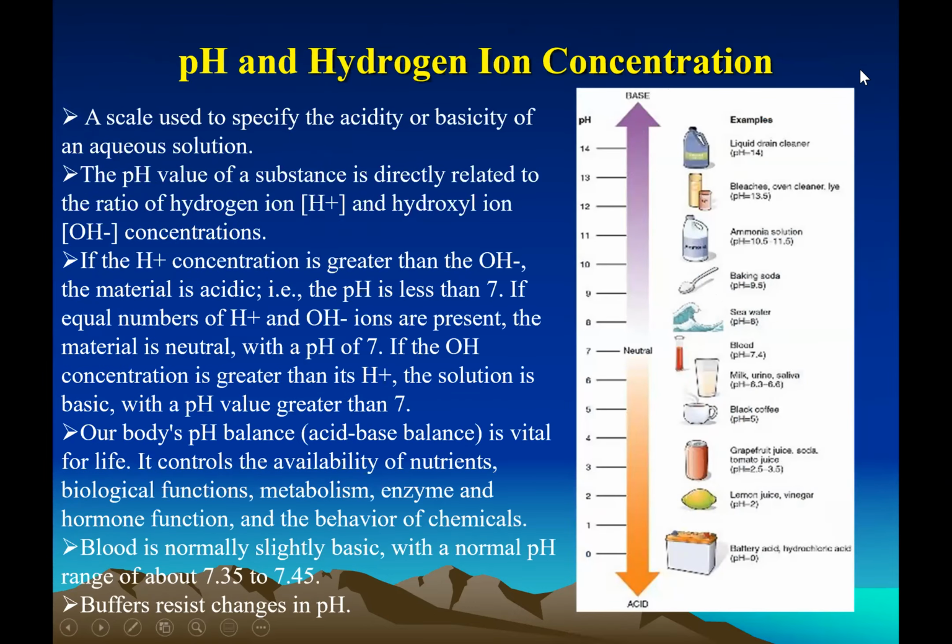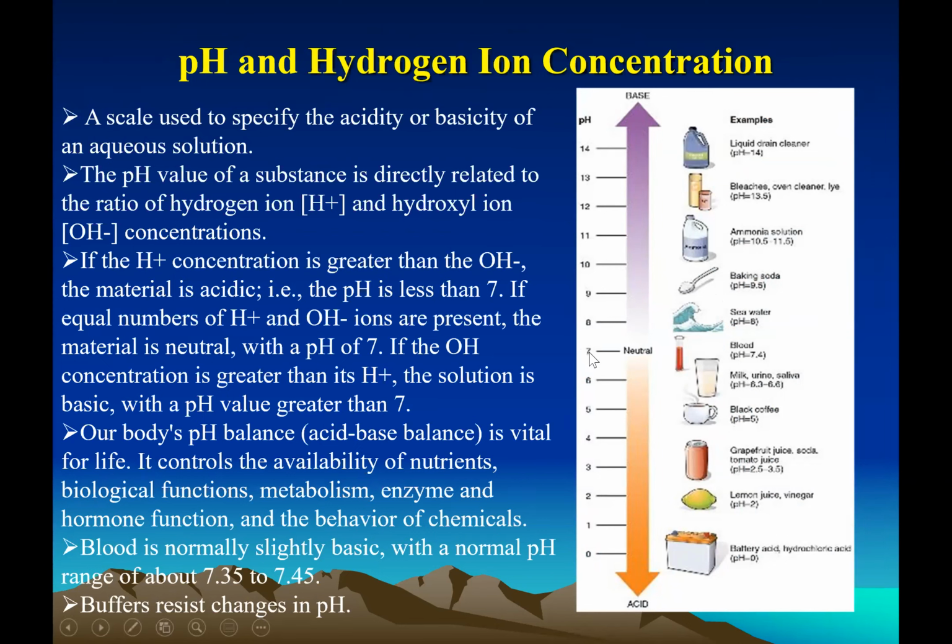The next property that we have to review is the hydrogen ion concentration, or pH, the potential of hydrogen, power of hydrogen. So the pH is a scale that runs from 0 to 14, indicating the acidity or the basic nature of an aqueous solution.